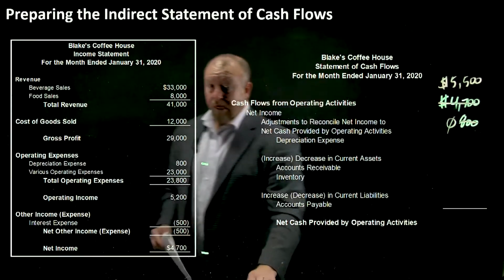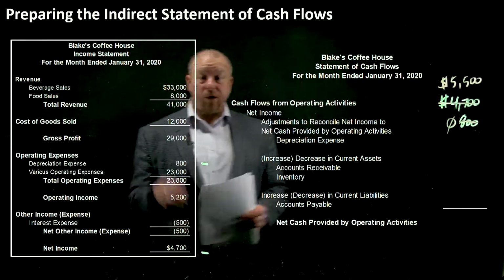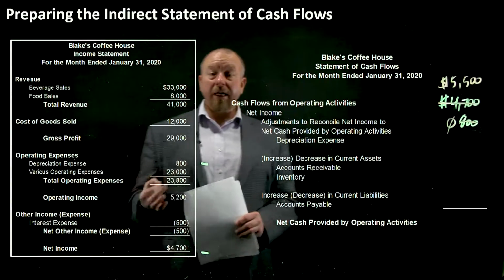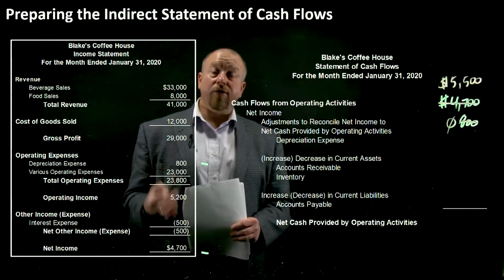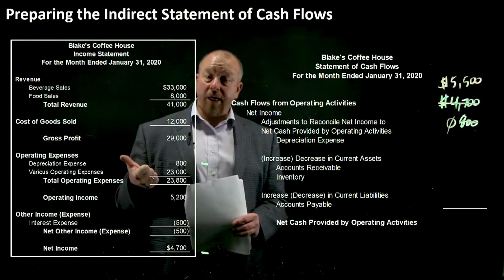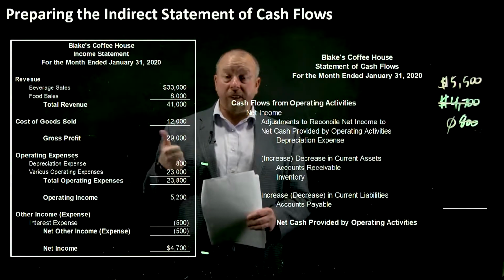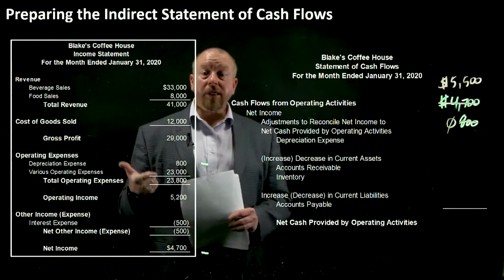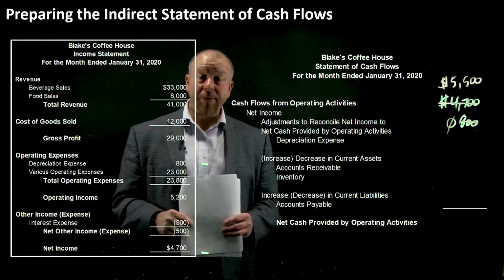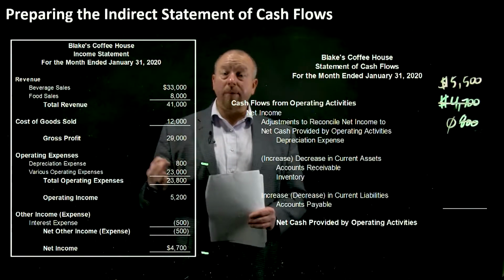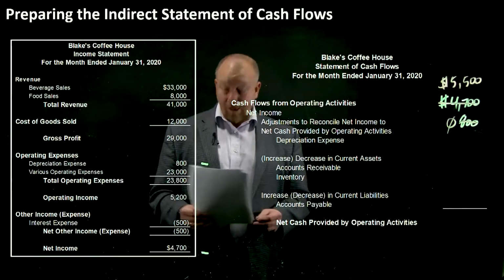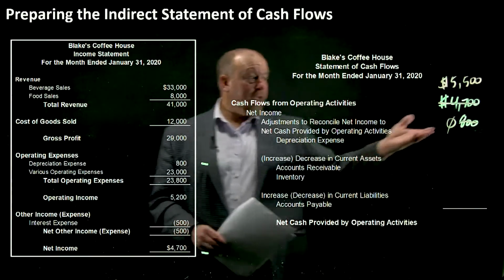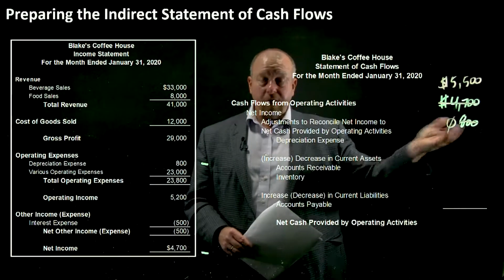Now the reality is, depreciation expense is not the only potential add back. Any expense that did not require cash is a candidate for being added back. Amortization expense involving intangible assets, depletion expense for natural resources. If you sold some property, plant, and equipment and you recorded a loss, that's a potential add back. You could actually also be adding or subtracting a gain.